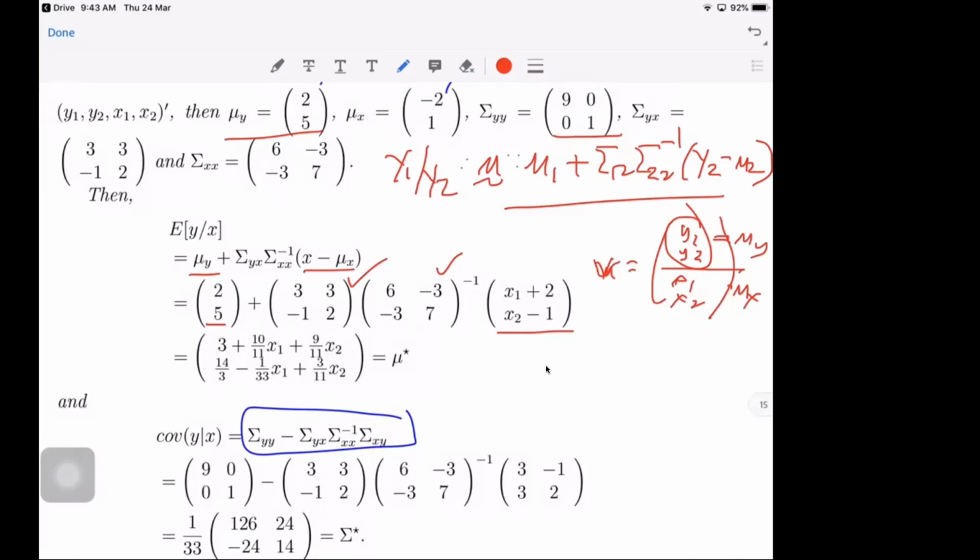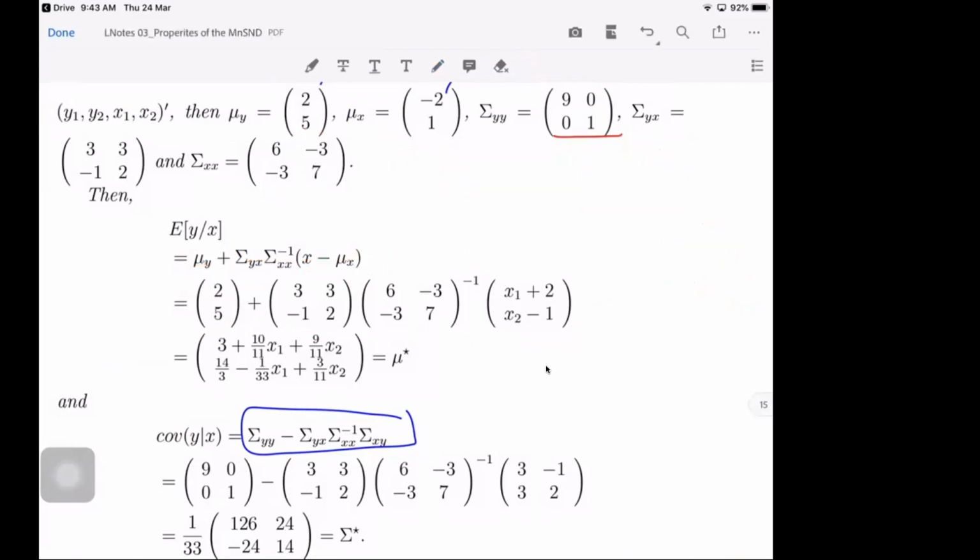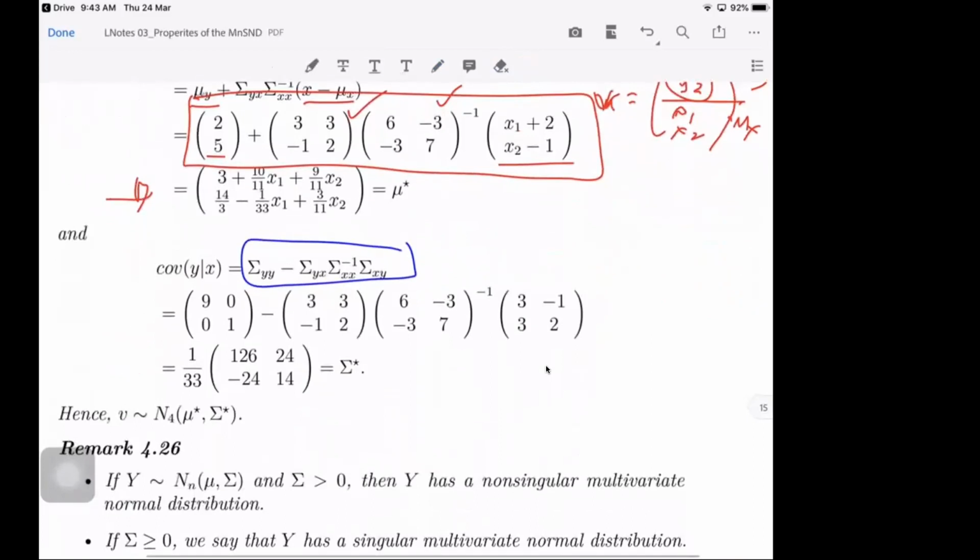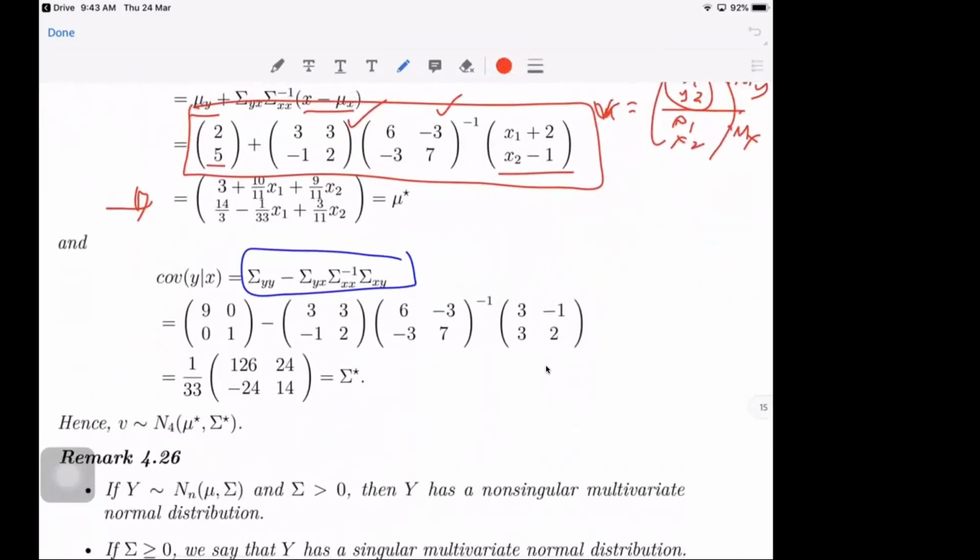So if you do matrix multiplication here, you will arrive at this answer. And similarly, substitution of sigma yy and the following.